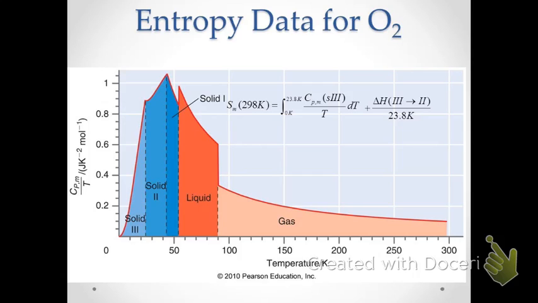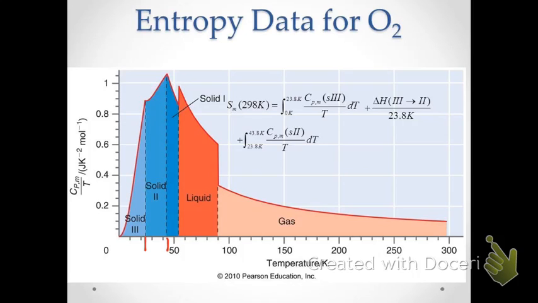Then we note that solid 3 undergoes a phase transition to solid 2, so we must add to that the enthalpy change associated with that phase transition divided by the temperature, which occurs at 23.8. The next step then involves taking a look at Cp over T, the area under the curve, between 23.8 and 43.8 Kelvin.